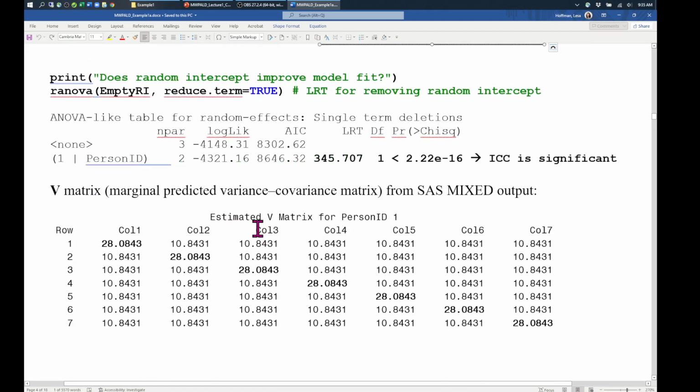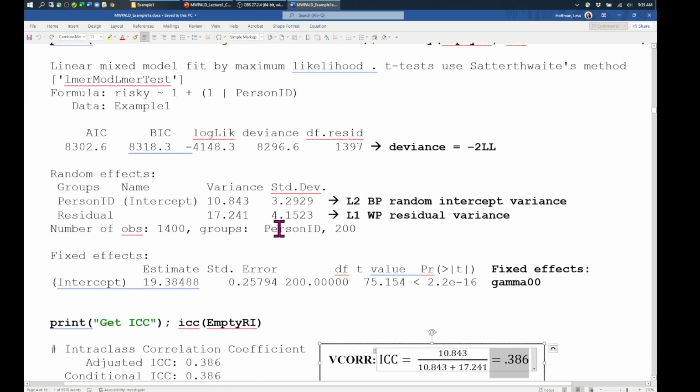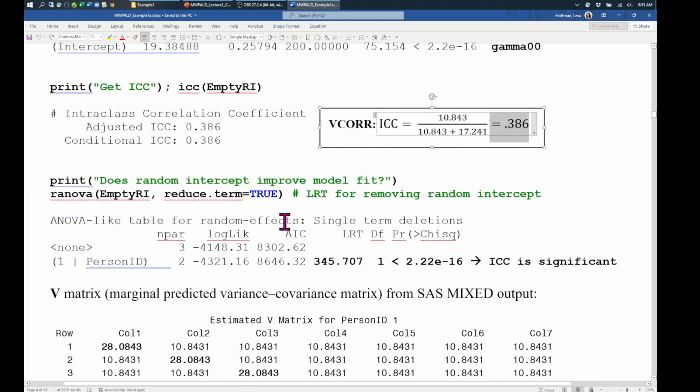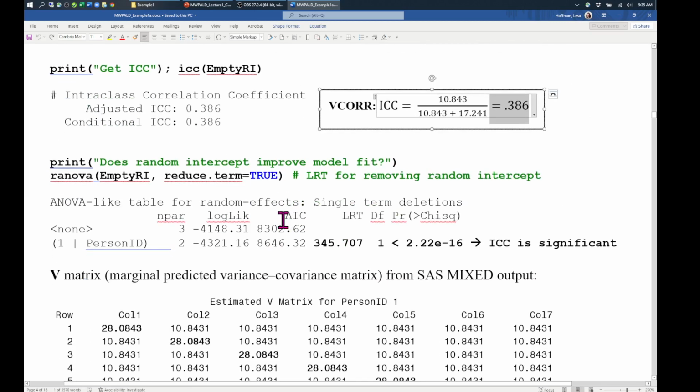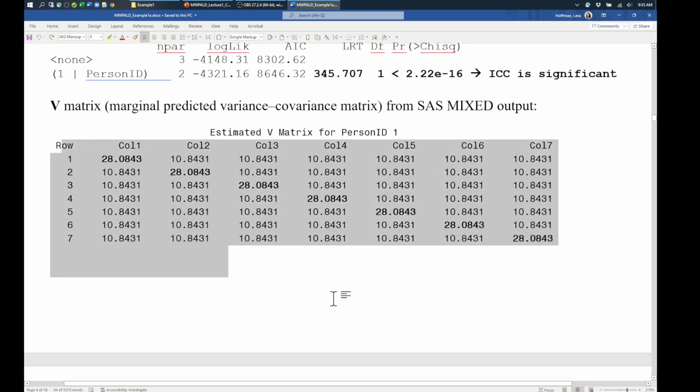So one thing that I was not able to get out of lmer without doing the matrix algebra myself, which I did not want to do, is the total marginal predicted matrix. So I have pasted an output from what is given in the SAS program, their mixed routine. This is what the model is predicting the variances and covariances over time should look like.